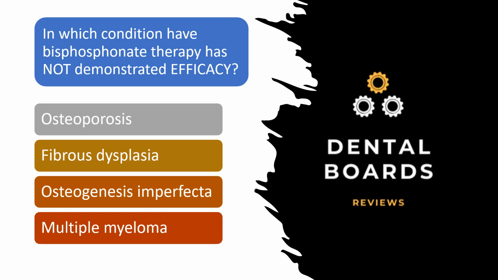According to the AAOMS 2022 update on MRONJ, clinical trials have not demonstrated efficacy of bisphosphonate therapy in management of fibrous dysplasia. So remember that. There's no efficacy of bisphosphonate in management of fibrous dysplasia.